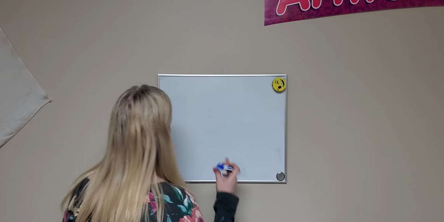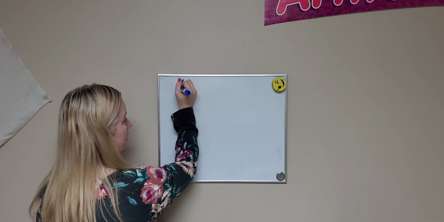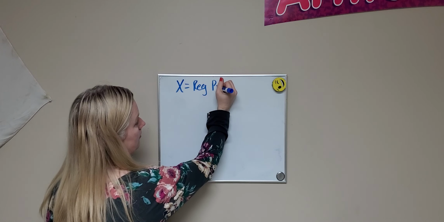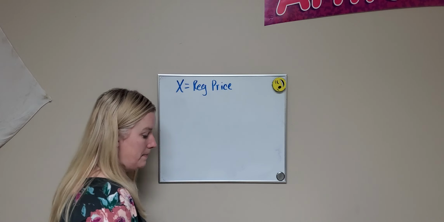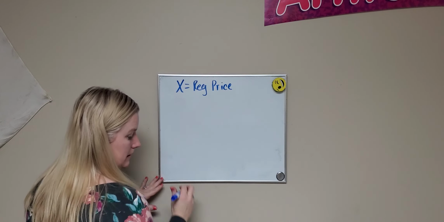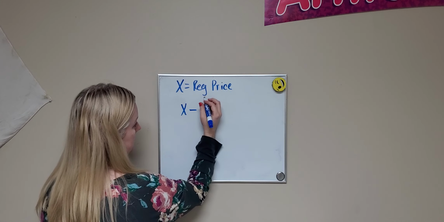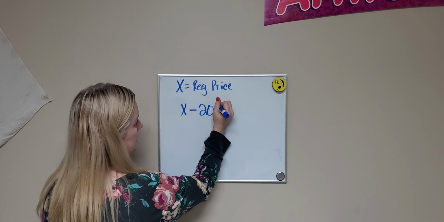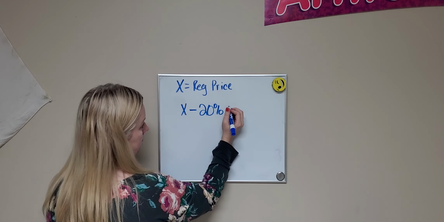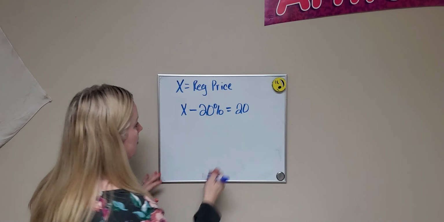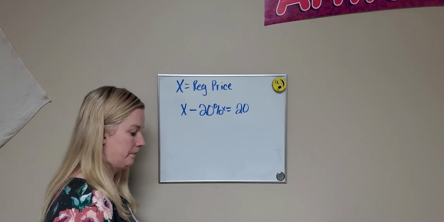So X is going to equal my regular price. X minus 20% of X equals $20. Oh, I did not put the X. There you go.